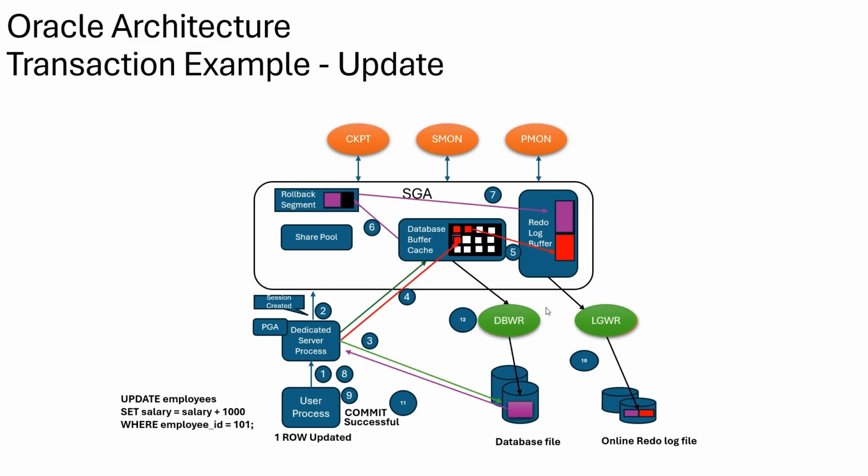Once the dirty blocks are written back to the database file, those dirty blocks will change their state to clean, which means that data is already written to the data files. It will check whether my data has already been written in the data file or not. Once it is written, it will make that status clean, which means it can be reused for newly added data again.